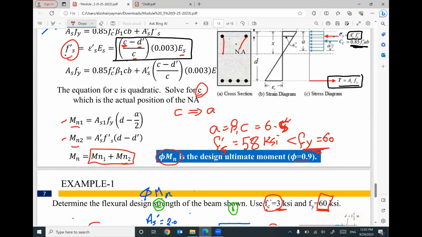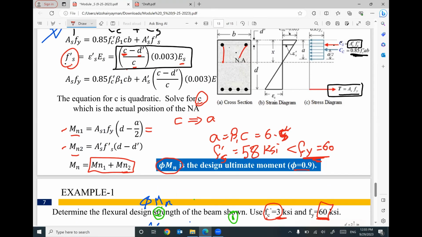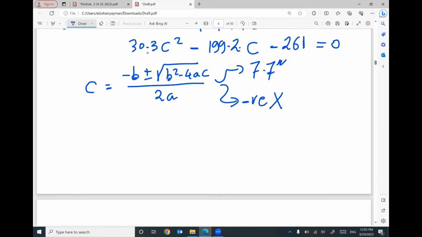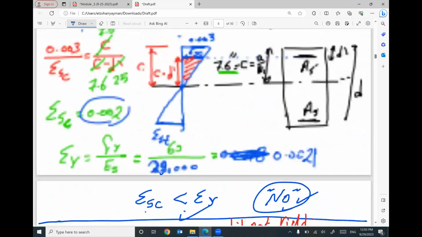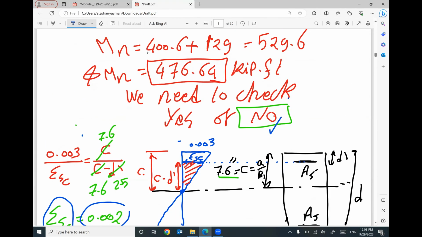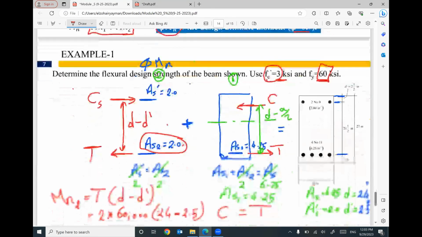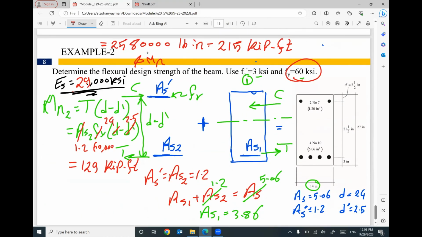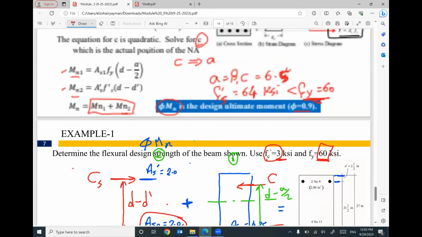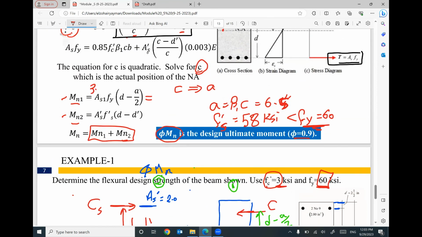Then I can find out the value of Mn1 equal area steel 1. Area steel 1 equal the steel reinforcement for part number 1. Do you remember what was? Area steel 1, I think it was here, 3.86, times f yield 60,000. Your depth 24.